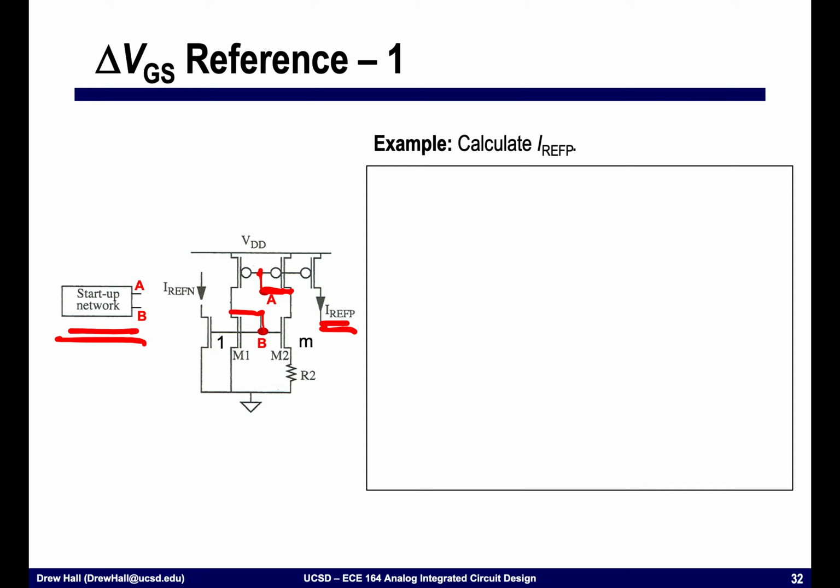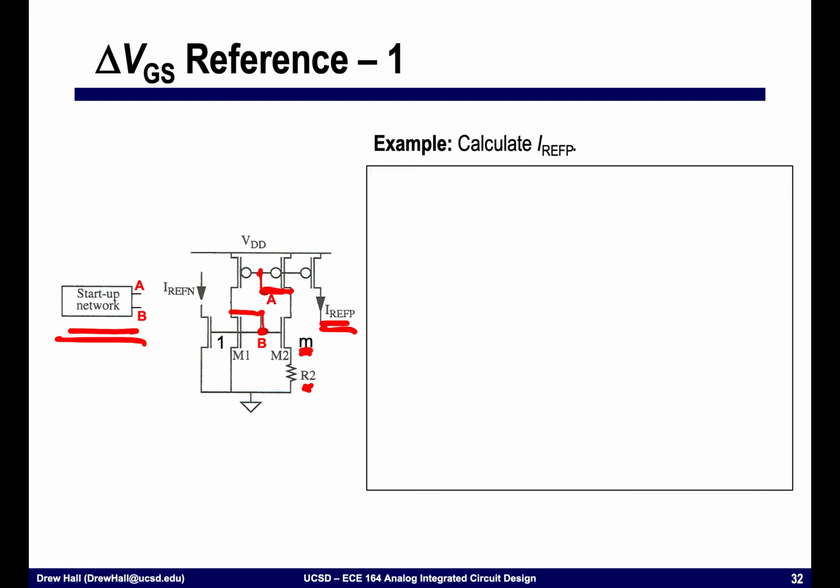And so if we think about what happens in this particular circuit, we're going to develop a VGS at node V, and then we're going to drop part of that over this resistance R2. Now notice that M1 and M2 aren't the same sizes. M2 is M times M1.